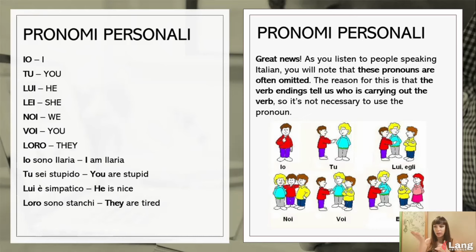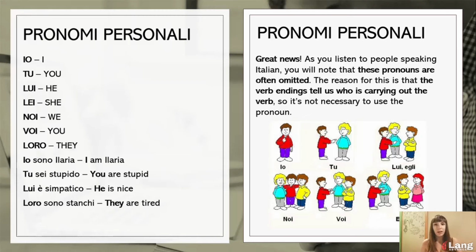Let's take a step back. If I say io sono Ilaria, I am Ilaria, the verb sono, that is I am, basically. Io sono is I am. Sono is the verb essere, that's the verb to be in Italian. Sono is enough to understand that I am talking about me.